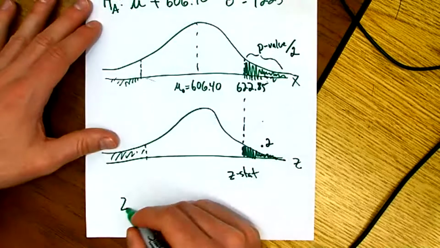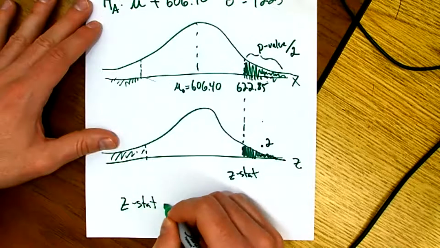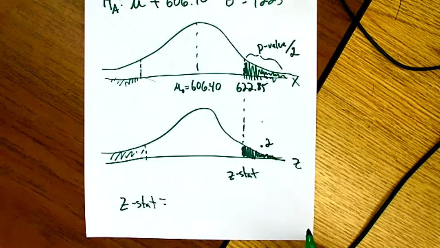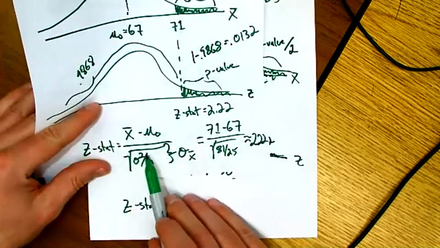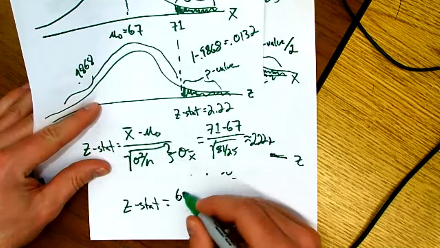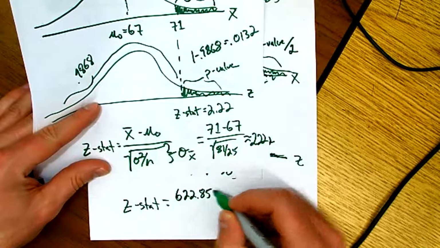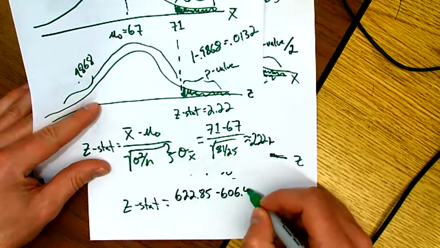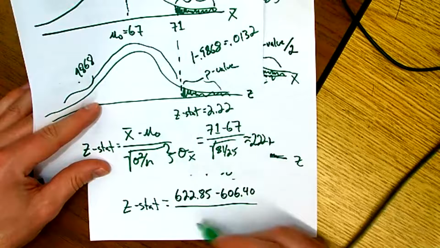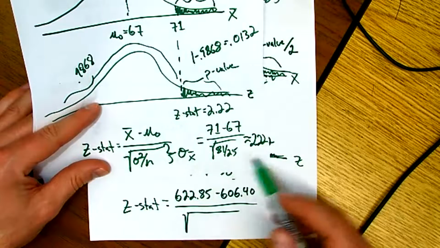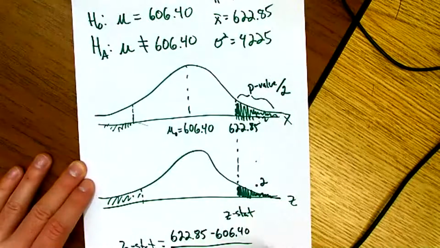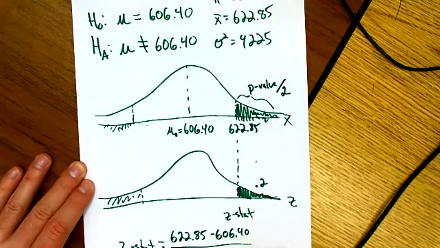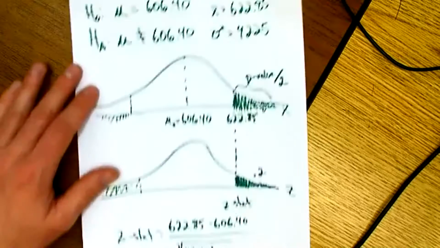So I can go through, taking my test statistic equation, so I don't have to write it down and waste more space here. This is the format it's going to take. So the sample mean I found was $622.85. Assumed true mean was $606.40. And then my population variance was 4,225 divided by my sample size of 30.